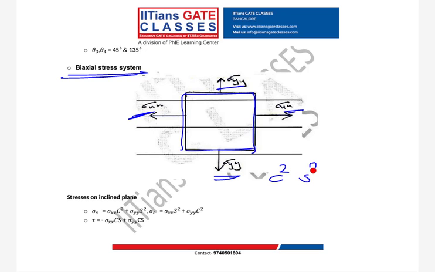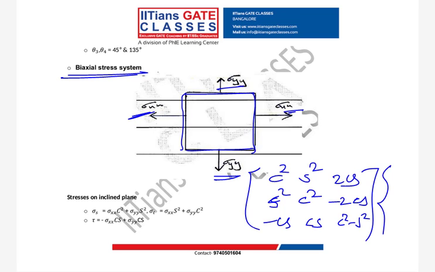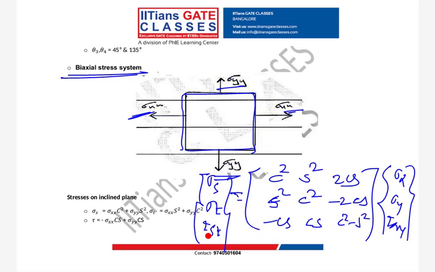It is [C square, S square, 2CS; S square, C square, minus 2CS; minus CS, CS, C square minus S square] times [sigma x, sigma y, tau xy], equal to [sigma s, sigma t, tau st]. Now look here, only tau xy is 0. So that means this column will not be useful, but these two will be.